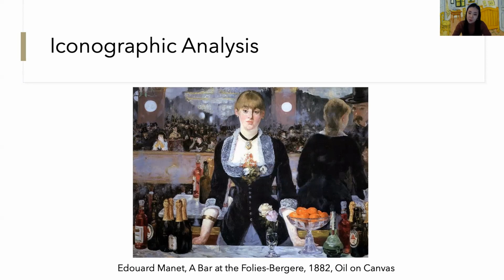So we just figured out one symbol in his work of art because he habitually used oranges for that meaning. Actually he has lots of meanings, I guess, but no one knows actually.